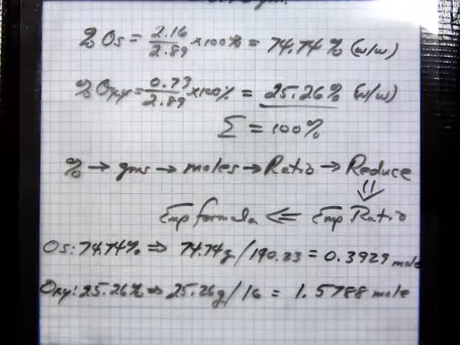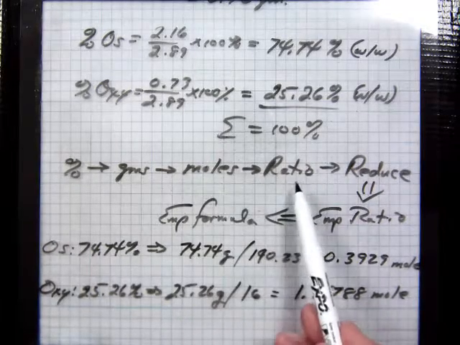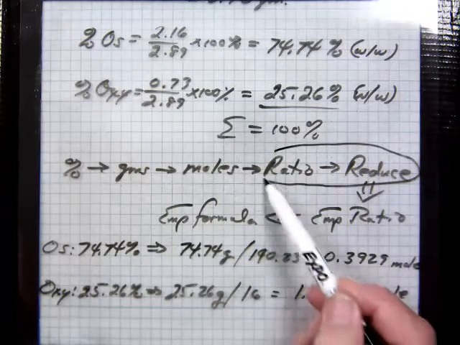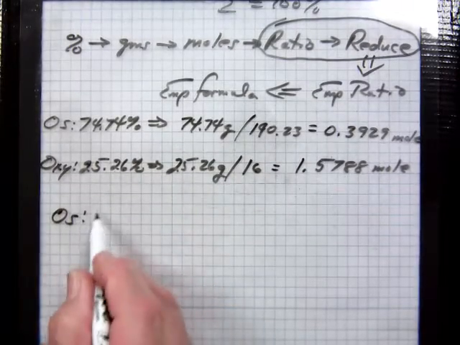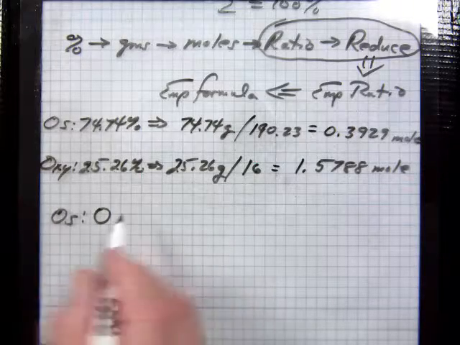Each of the elements. Now, in the sequence, you get to moles, you want to set up a ratio. Now, I combine these two in the following way. I'll show you how to do it. What you have is an osmium to oxygen ratio is what you're looking for. And so you have two elements.